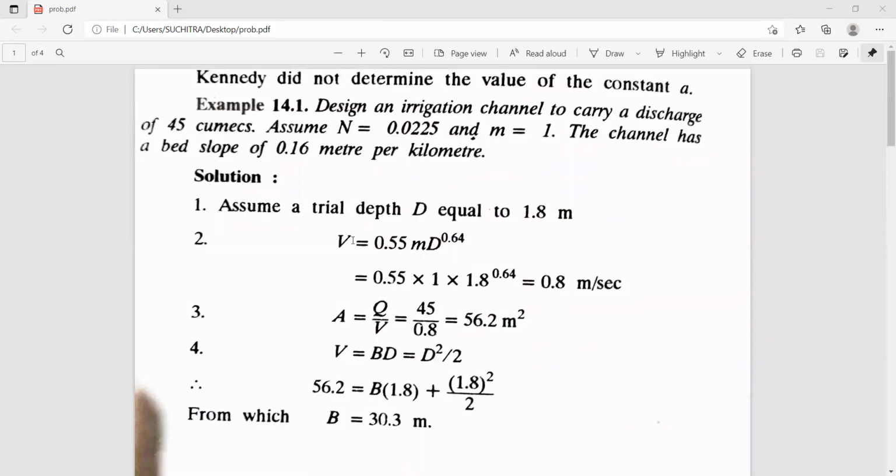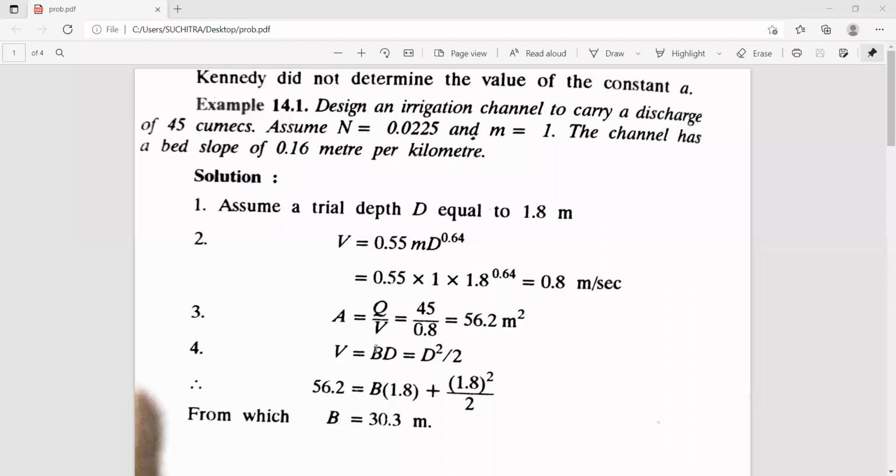So once again, we shall go through this problem. Here you have to design an irrigation canal to carry a discharge of 45 cumecs, and the value of velocity coefficient and m is given, and the channel has a bed slope of 0.16 meter per kilometer. First you have to assume a trial depth, then calculate the critical velocity, then calculate the area of cross section. Then you know the area of a standard section is B plus D square by 2.